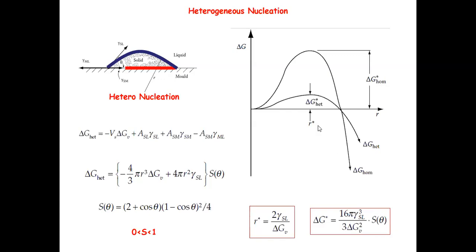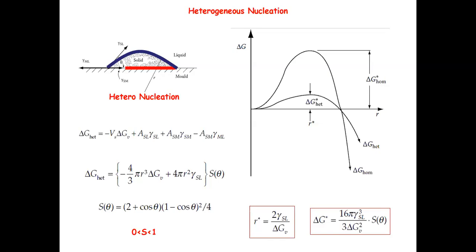So in heterogeneous nucleation, you still work with the same critical nucleus size, but the energy barrier required to form a nucleus of this particular size is going to be much, much lower than what you need for homogeneous nucleation. Does this make sense to everyone?